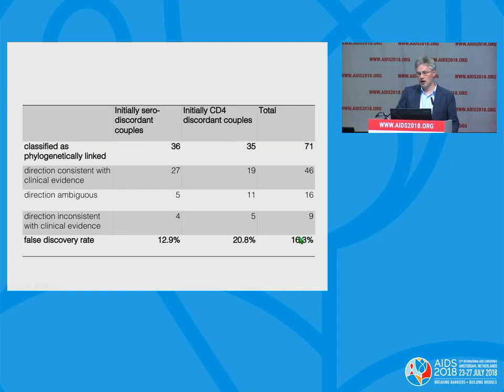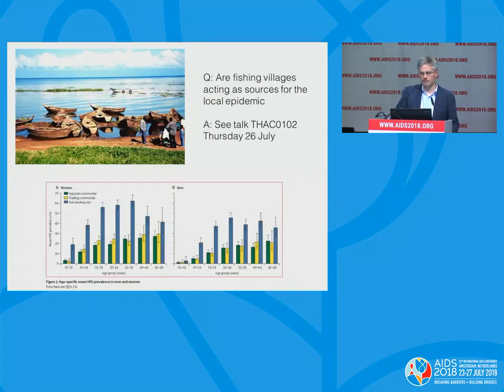Overall, we were wrong 16.3% of the time. This is the sample where we had the most difficulty with sequencing compared to the others, but it gives you an idea of the sort of false positive rate. It's probably good enough for epidemiology, but not good enough, or shouldn't be used, for forensics.